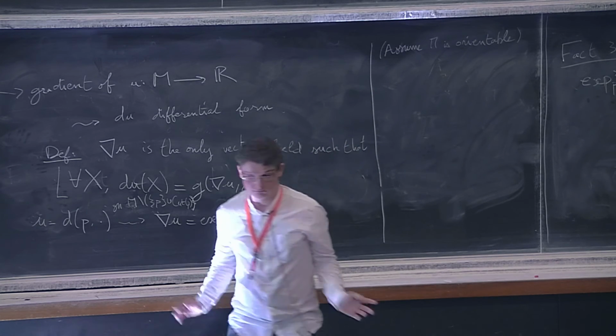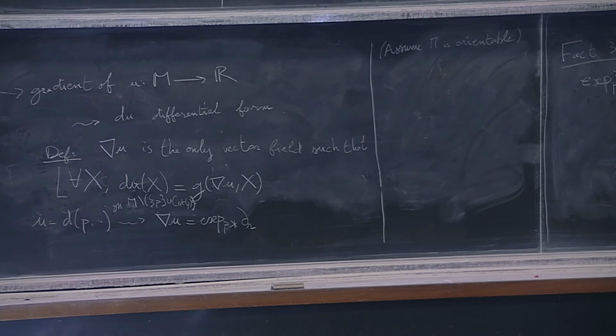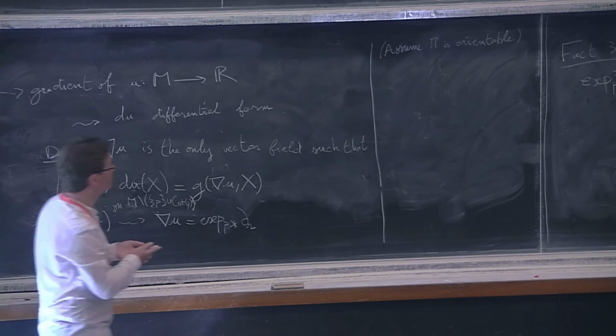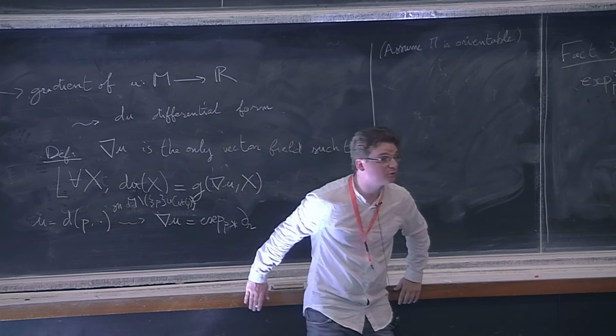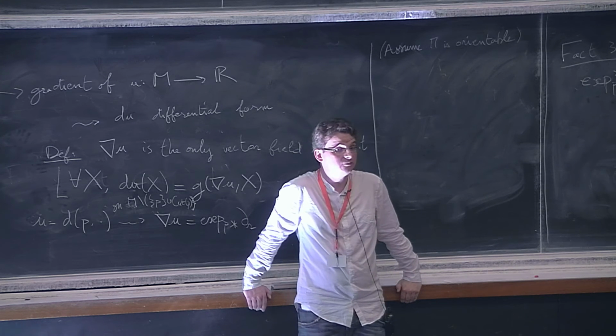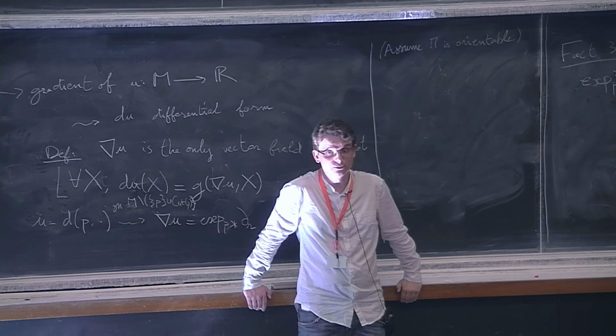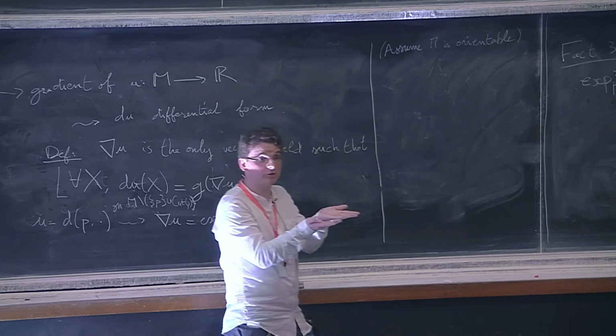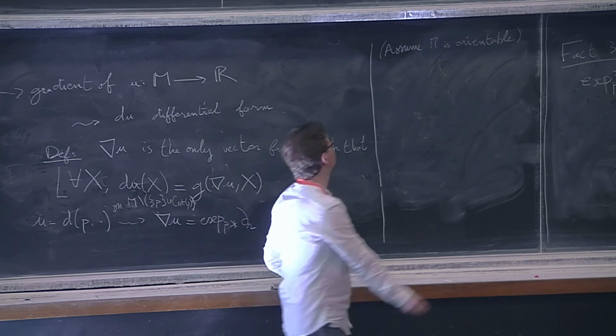And here, there are a lot of them. You can always multiply that by a positive function that gives you a new volume form. But on a Riemannian manifold, there's a better choice: to ask the volume form, when evaluated on an orthonormal basis, to give 1.